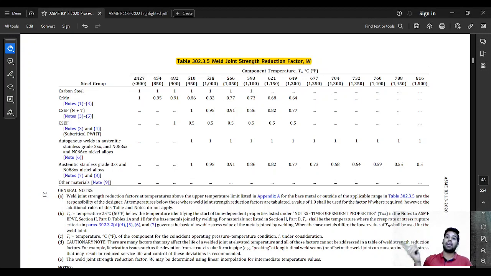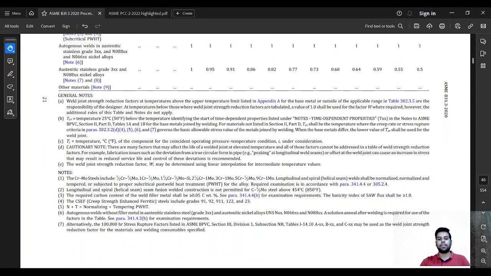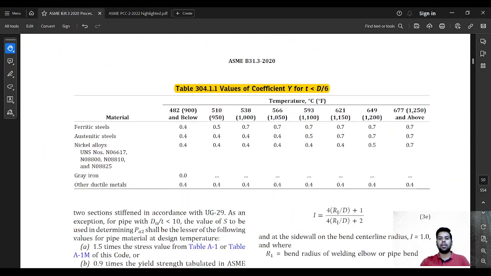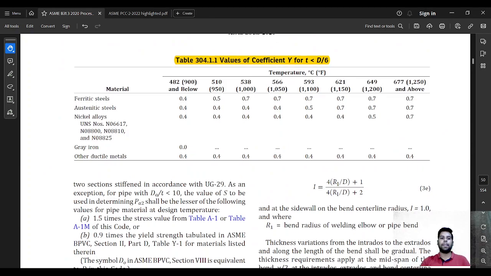So if it's a high temperature service, then you have to use Boardman's formula, where temperature is also taken into consideration, and the weld joint strength reduction factor also needs to be taken into consideration. If it's a room temperature or low temperature service, less than 400 degrees Celsius, then in that case you can use a simplified formula or Barlow's formula. Coefficient of Y.